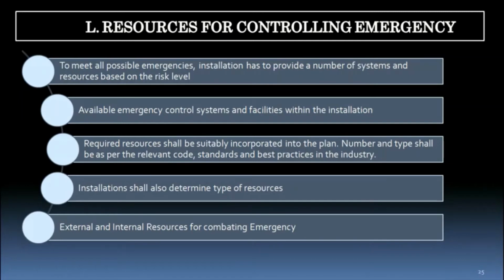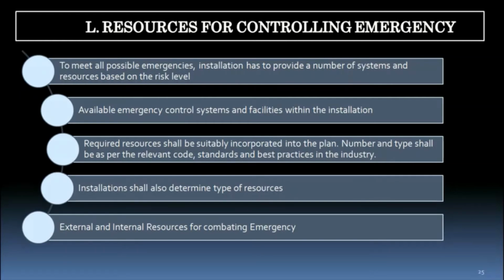Next we have to understand the resources for controlling emergency, which is a very important aspect. The installation has to provide a number of systems and resources based on the risk level. Second, for emergency control, the organization provides facilities within the installation plant, for example fire and gas detection system, firefighting system, ambulance facility, communication facility, and emergency shutdown system. These are all required facilities in the plant.